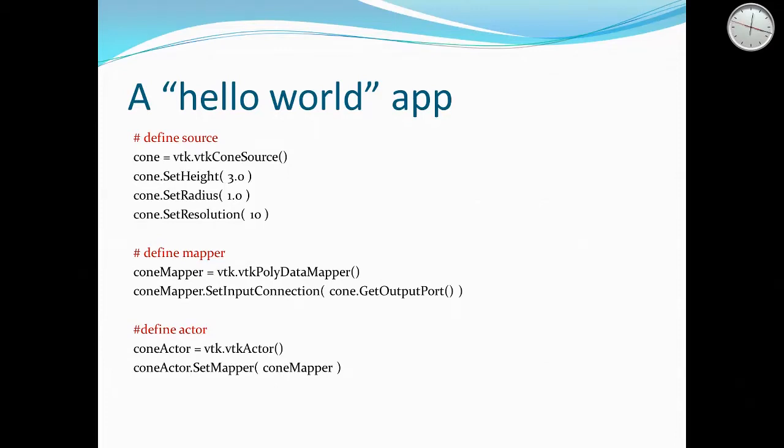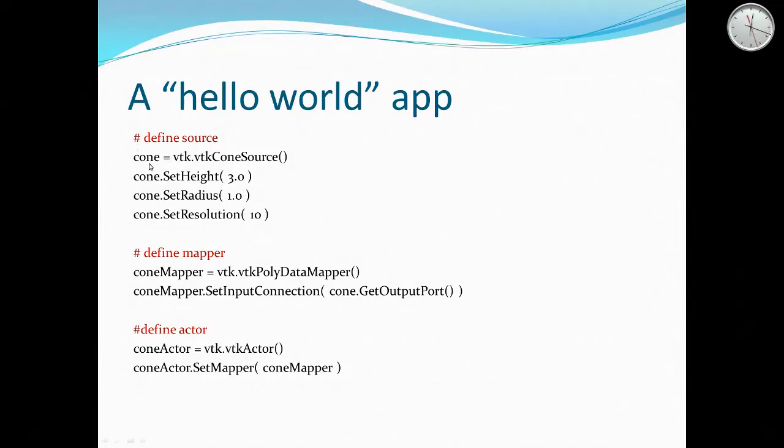That means we can rotate it, zoom in, zoom out, and so on. The first step is we create such an object by calling vtkConeSource. So we have an object named cone. Then we can use methods like SetHeight and SetRadius to set those parameters. But you don't have to do this. If you don't set the height, radius, and resolution explicitly, they will take their default values.